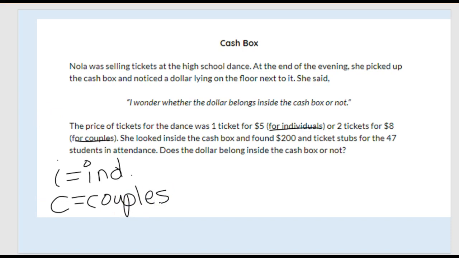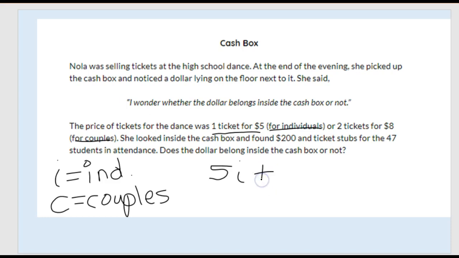Now we know that one ticket for individuals is $5. So I can do $5 times I, and that's going to give me the total amount individual people would have spent on tickets.